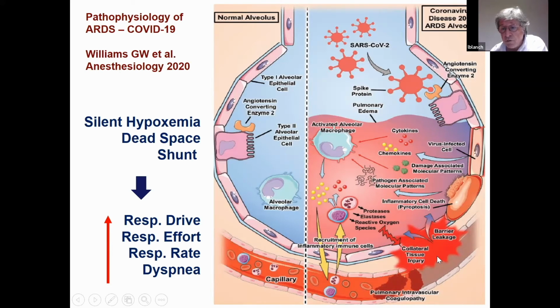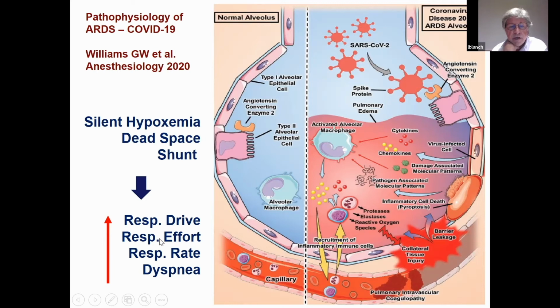And in COVID, we know that it causes pulmonary intravascular coagulopathy, causing also dead space. These 2 combined, shunt and dead space, lead to an increase in the respiratory drive. And this is very interesting because maybe there is also some impact of the virus on the respiratory center. This warrants further investigation.